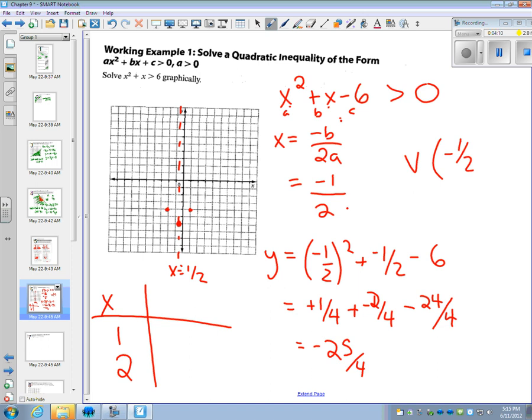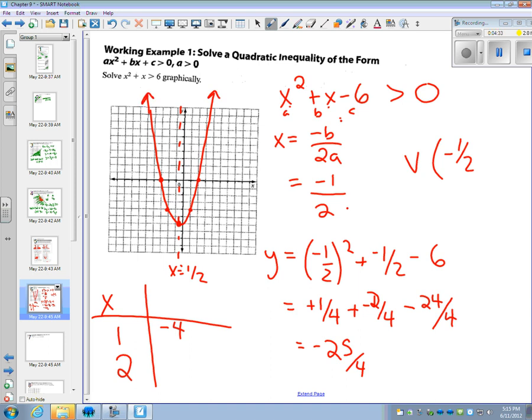Well, 2 squared is 4, plus 2 is 6, minus 6 is 0. So we are going to put 2 at 0. Now this is 2.5 away from the axis of symmetry. Symmetry gives me this. And I'm going to draw my parabola.